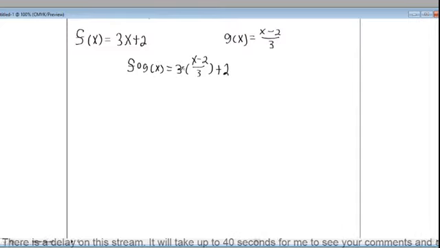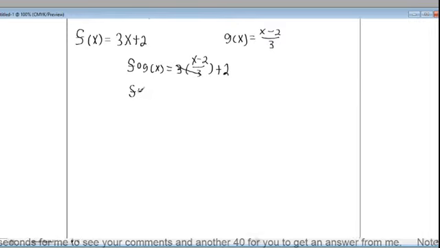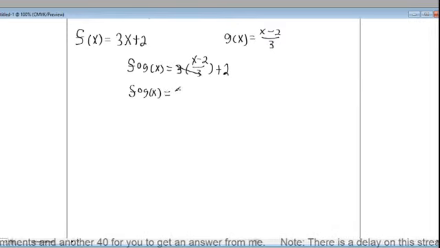So 3 times x minus 2 over 3, well, this is being divided by 3, and then we're multiplying by 3. That's going to cancel. And so now we have f composed of g of x equals x minus 2 plus 2.